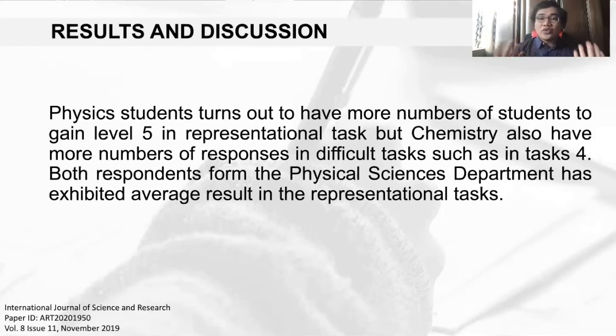Some of the respondents from the physics group are getting the highest levels of representation. But for the chemistry group, although not all of them can go to that highest level of representation, most of them are almost equally parallel in understanding. Hence, both groups showed an average understanding of the atom.